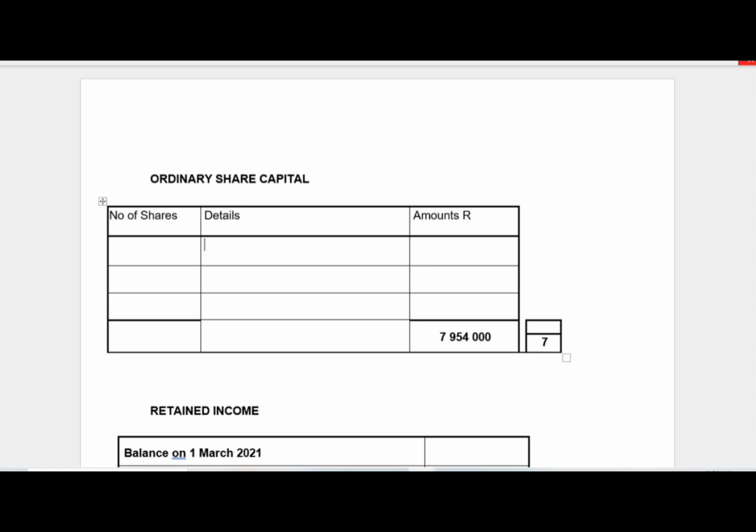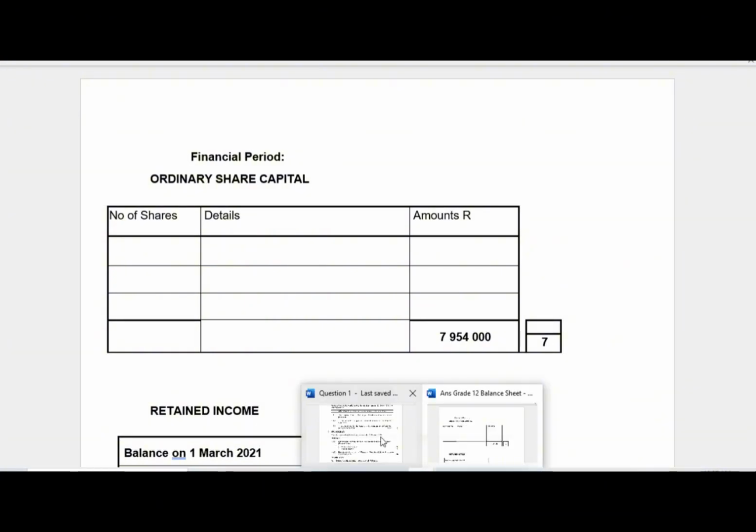Here I'm gonna put the details, but now, before we do anything, I want us to go and determine the financial period first.